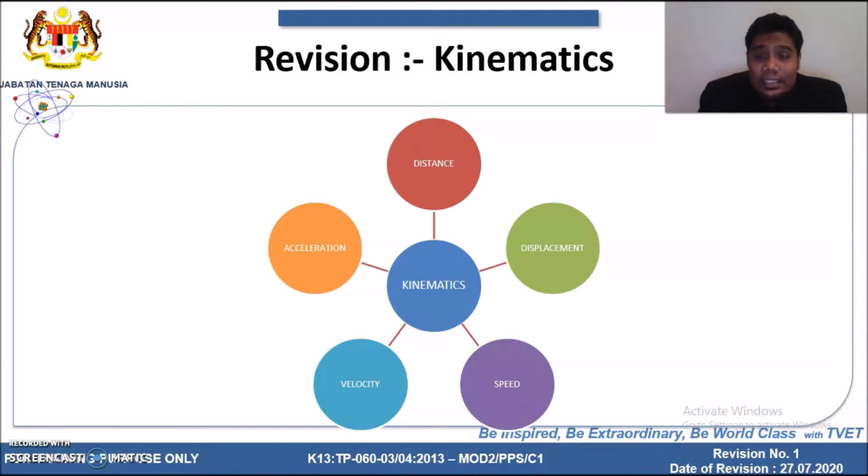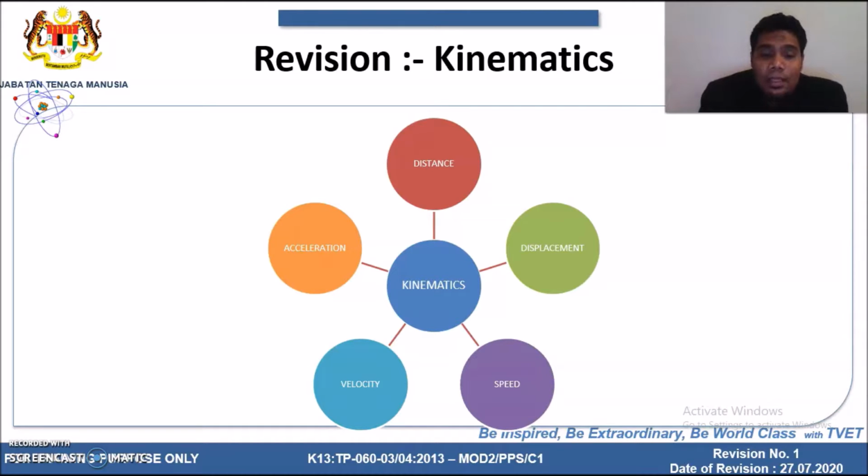So we know distance, or jarak, is a scalar quantity. Displacement, or sesaran, is a vector quantity where they have the magnitude and direction. And then another one is speed. Speed is a scalar quantity, rate of change of distance, kadar perubahan jarak.